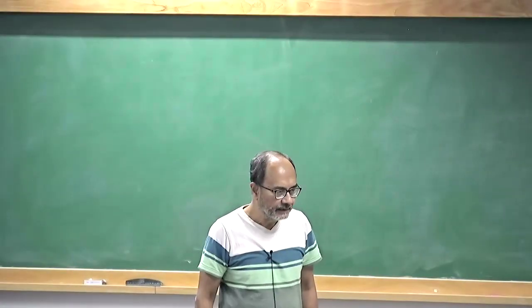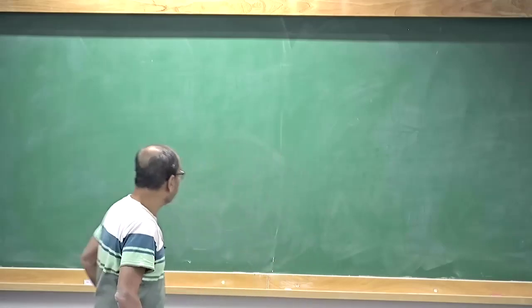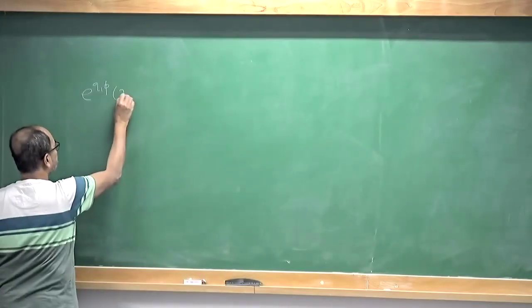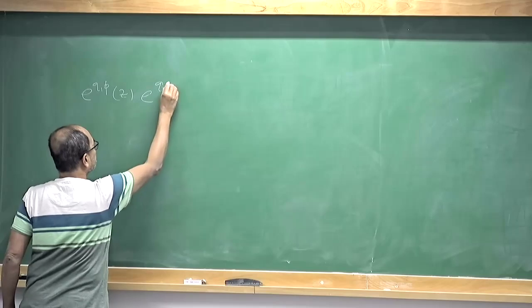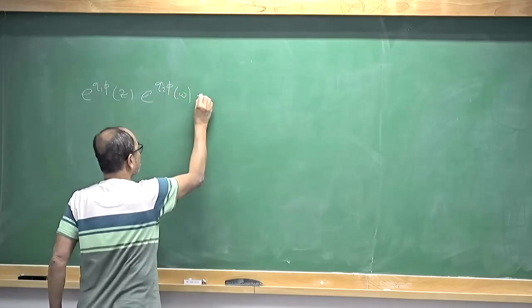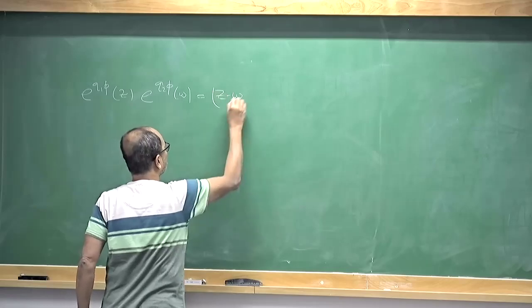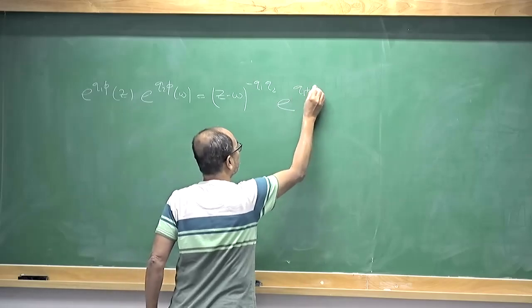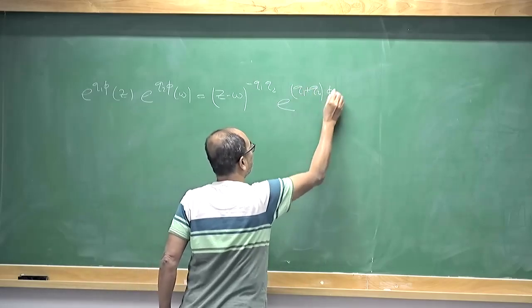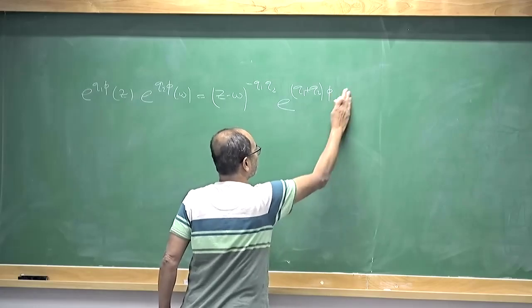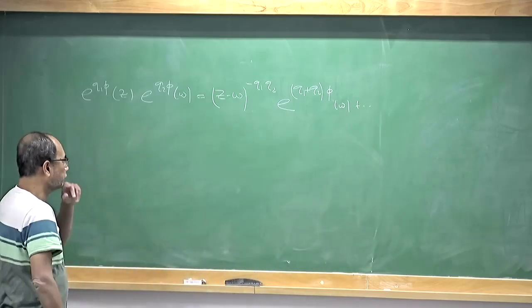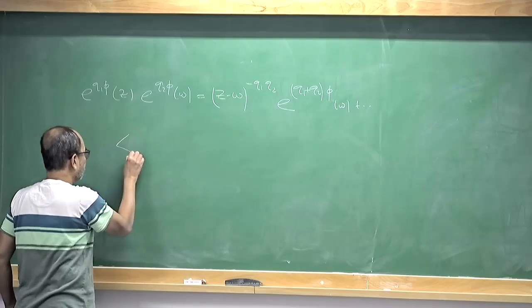We are going to repeat this for the xi eta phi system and see what we can get. So we start with e to the q1 phi of z, e to the q2 phi of w, which goes as z minus w to the power minus q1 q2 times e to the q1 plus q2 phi of w plus higher order terms. And now we take the vacuum expectation.